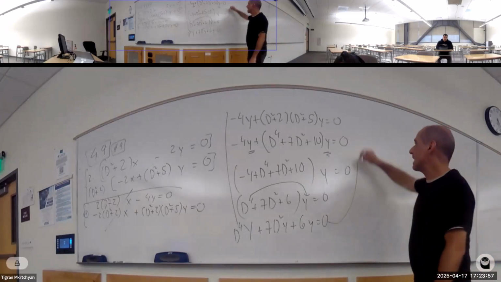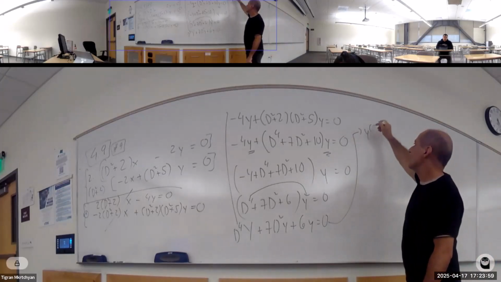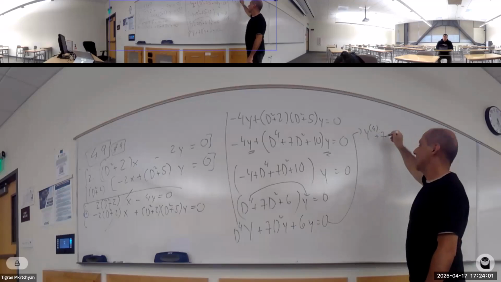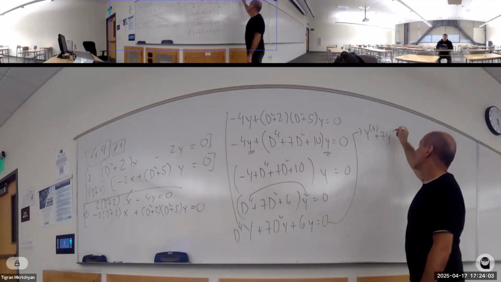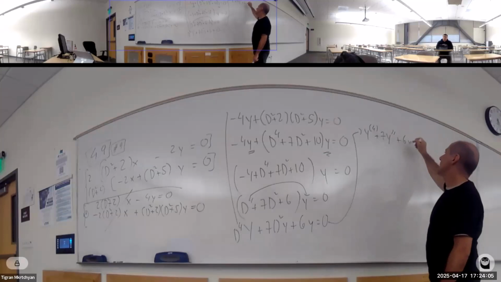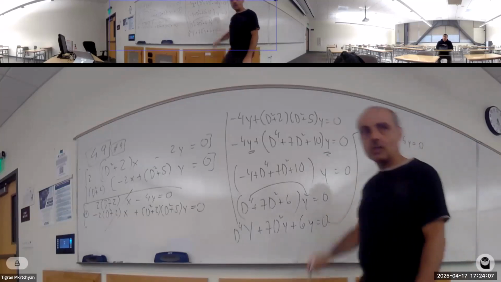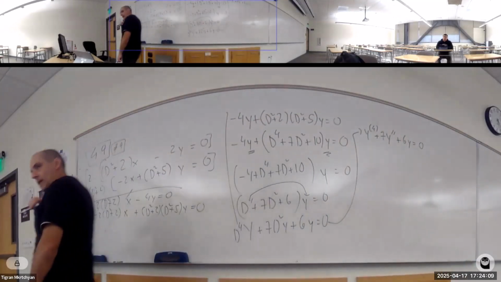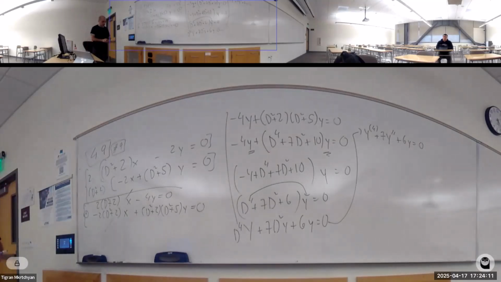And as we discussed last time, that simply means fourth derivative, 7 times second derivative, and 6y. Questions there? That notation, as we discussed last time, means that the D is the derivative operator. Questions about that?